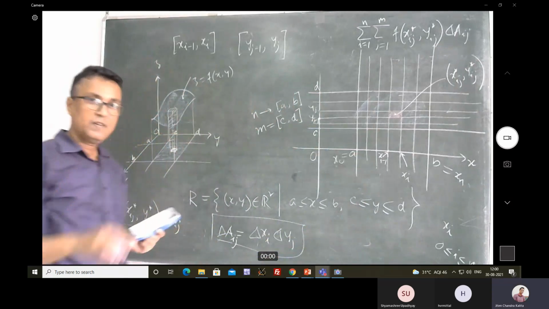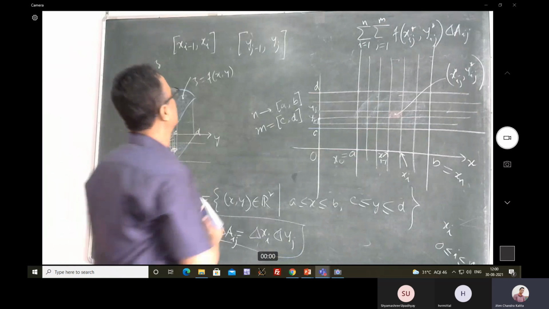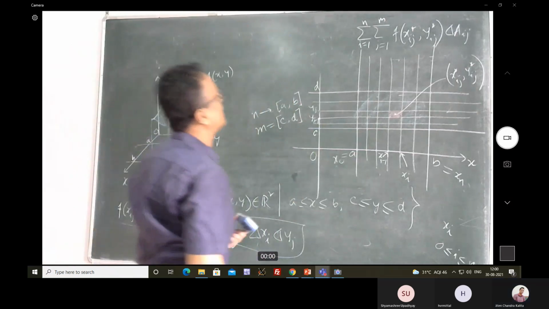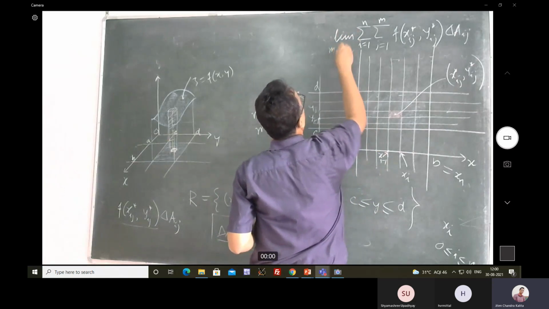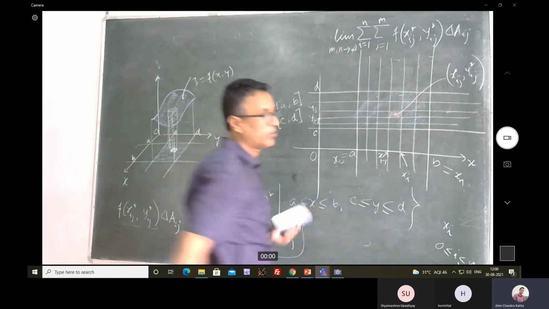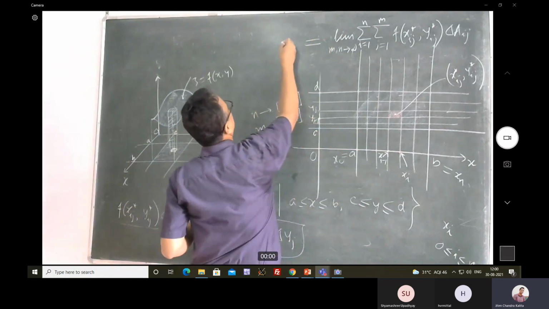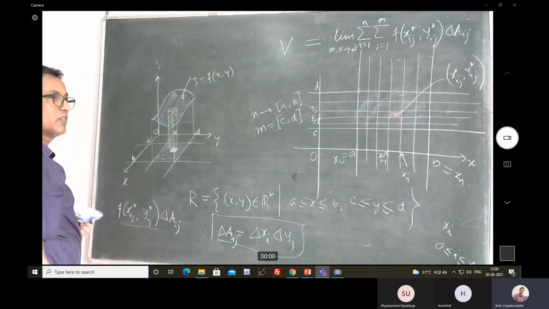So as in a function of one variable, if I let the limit m and n both tend to infinity, this is going to give me the volume.